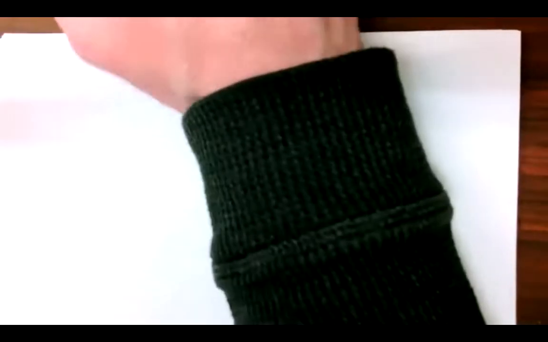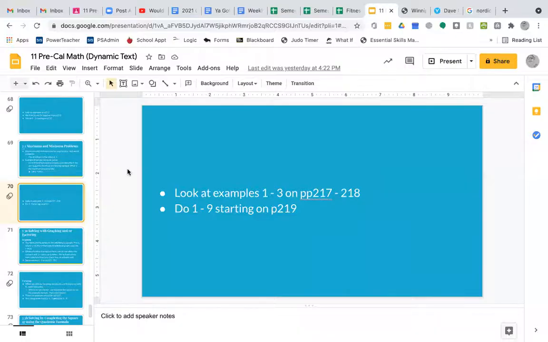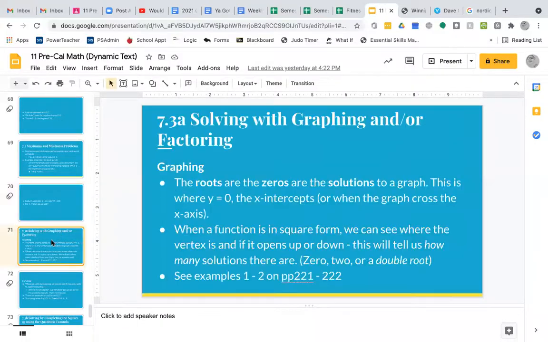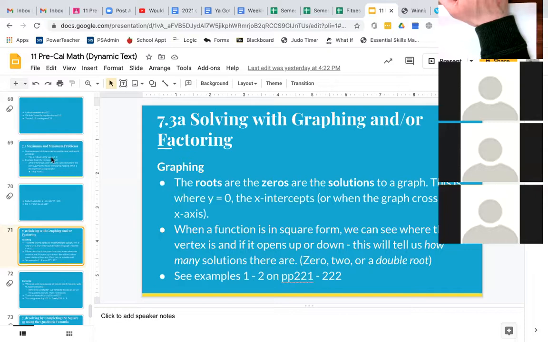All right, let's get into the lesson. The good news is I think this stuff is pretty straightforward. Honestly, after those word problems, I think it's downhill from here. All right. And if you could give me a thumbs up when you're done copying it.